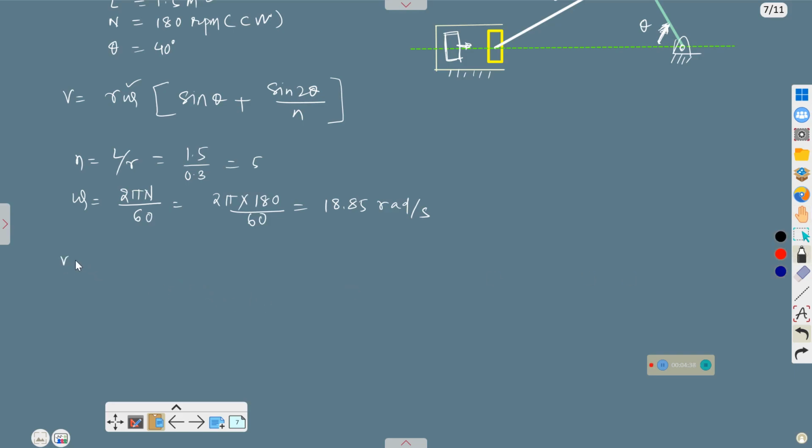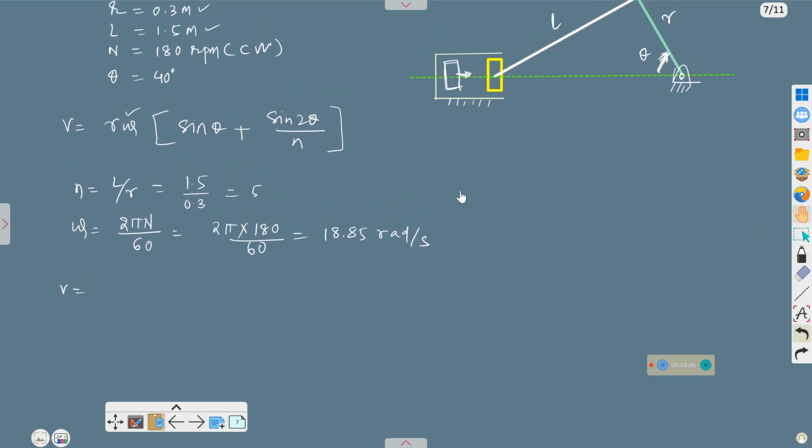If we put these values, then v is equal to r omega. So r is given to us as 0.3 meter, right? Okay, so 0.3, omega we got as 18.85, and sine theta.